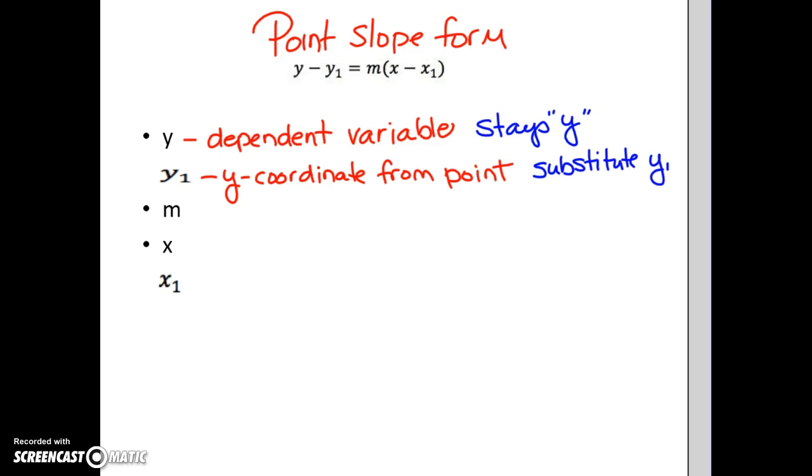Of course, m, we've been working with a lot here lately. M means slope. And we do substitute the value of the slope into our equation. So we will substitute for m.